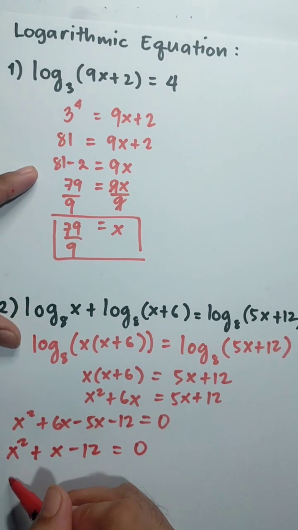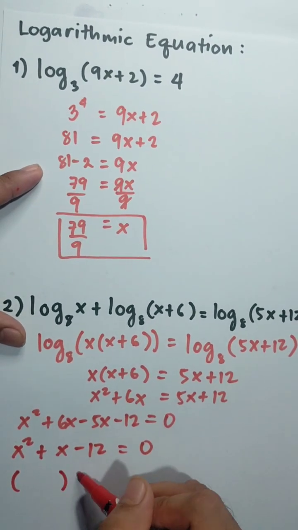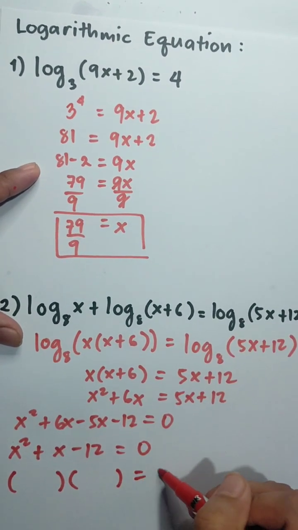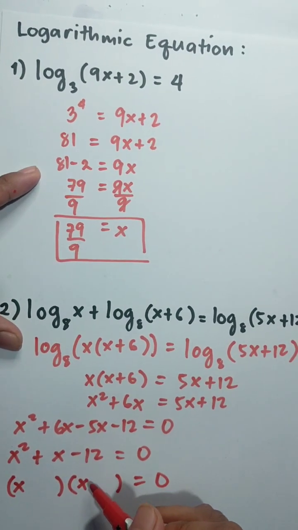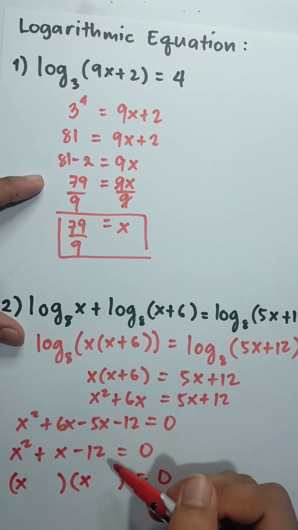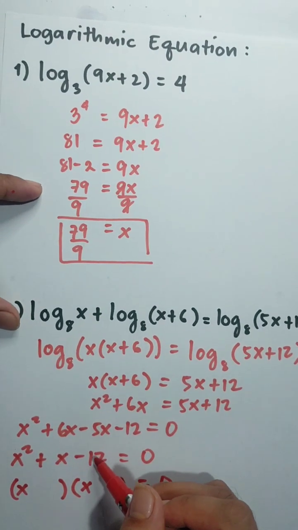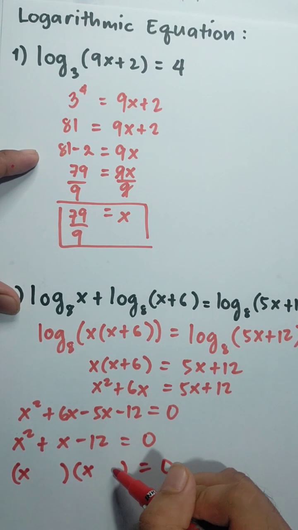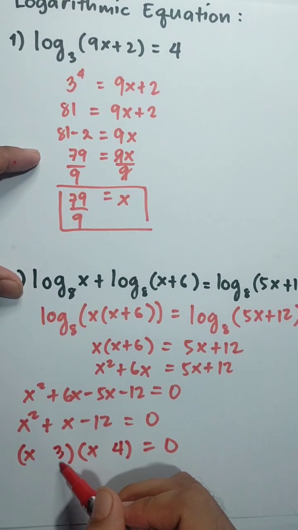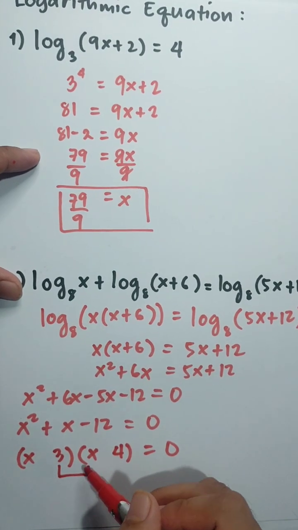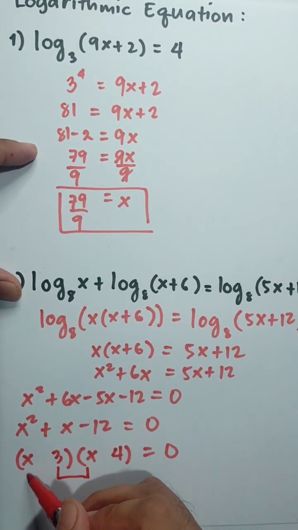Now let's factor this using the FOIL method. This is x and x, so that's x squared, and then the third term 12, we can express as 4 and 3. We have to make sure that the middle term gives us plus x.